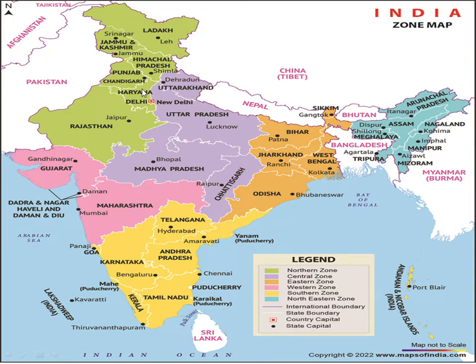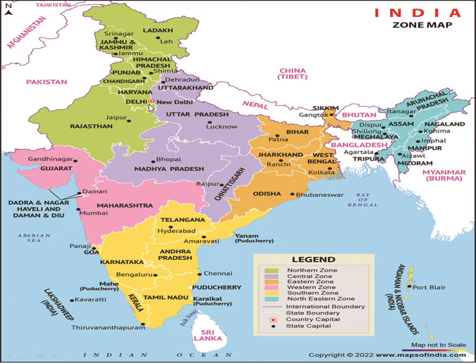Punjab and Haryana have the same capital, and this capital Chandigarh is a union territory, and Ladakh is also another union territory. And Jammu and Kashmir is a different state. So Jammu and Kashmir, Ladakh, and we have Punjab, Haryana and Chandigarh.